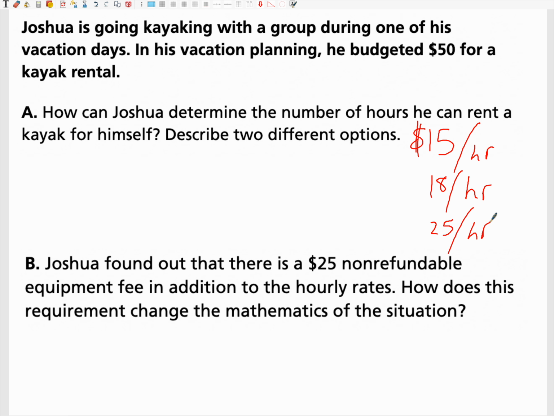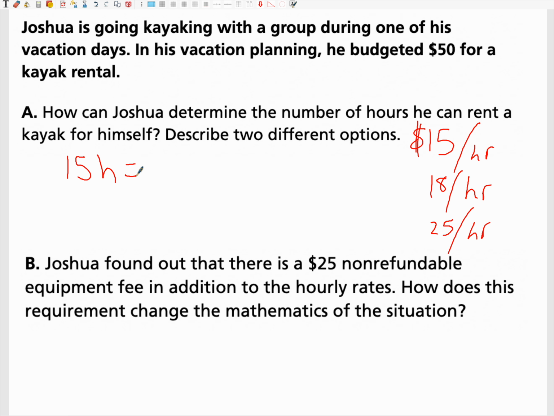Now that we have some information, can we write an equation? How can Josh determine the number of hours he can rent a kayak for himself? Describe two different options. You could do $15 or $18. Okay, so $15 per what? Hour. Per hour, so 15 times H. Needs to equal what? 50.